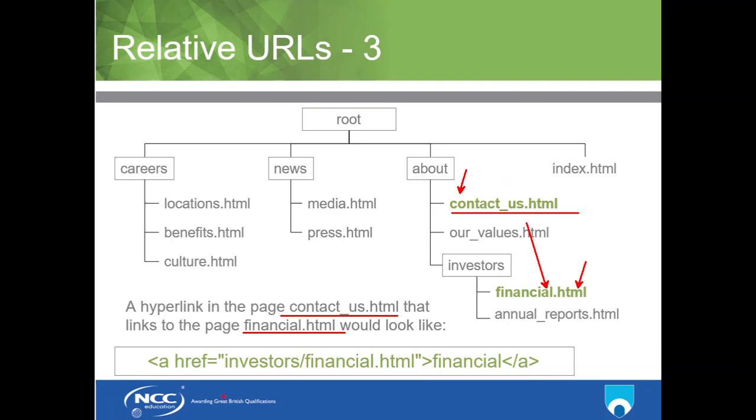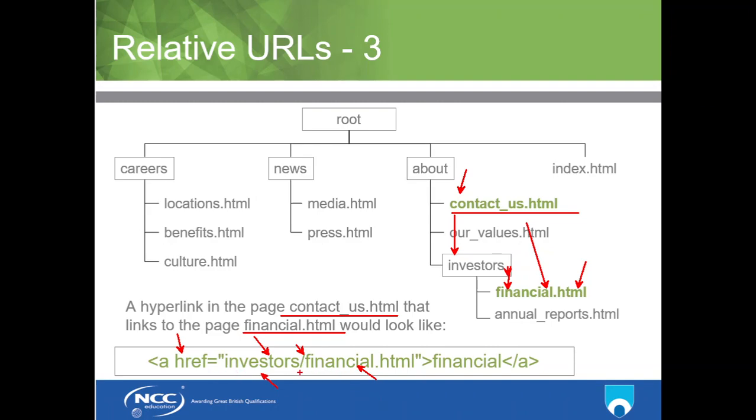So to do that, on the href attribute, you have to begin by writing the name of the folder. So we have to go here first. Then after there, we go here. So to do that, we write the name of the folder, then a forward slash, then the name of the page that we want to access on that folder.